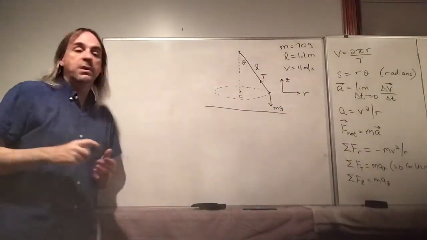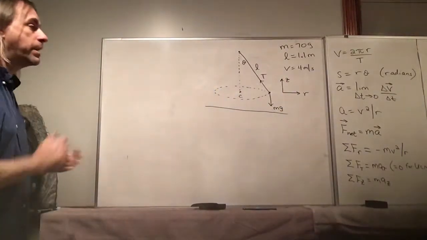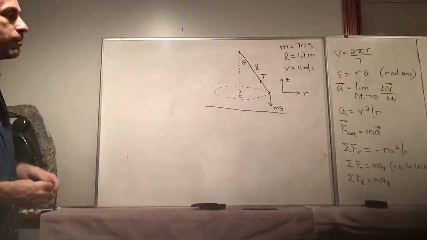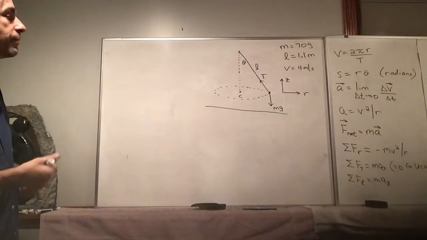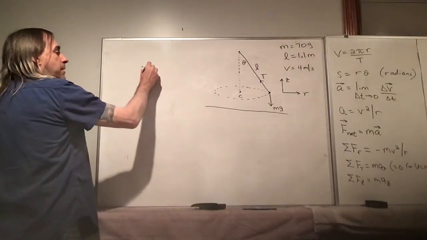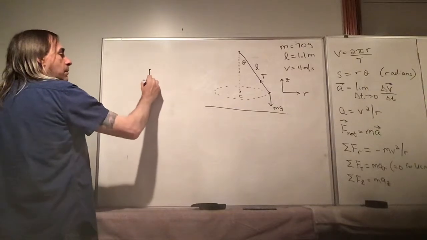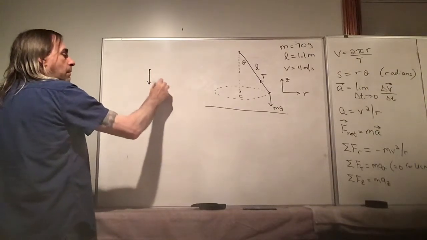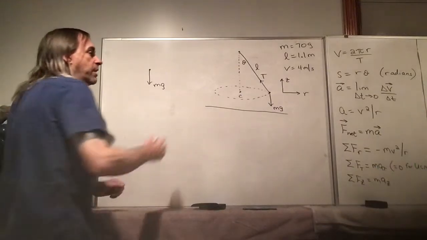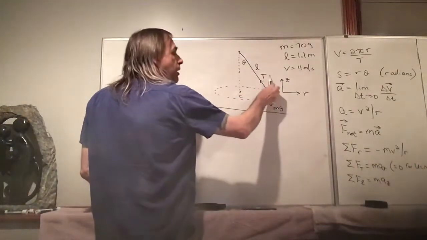Okay, so now the next step, let's look at our forces and see if they need to be broken into components. So here's our mass, gravity's fine. That's in the negative z direction, but tension has to be broken into components.